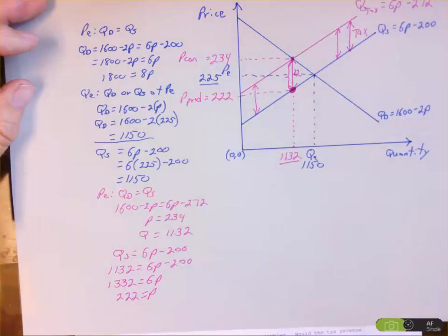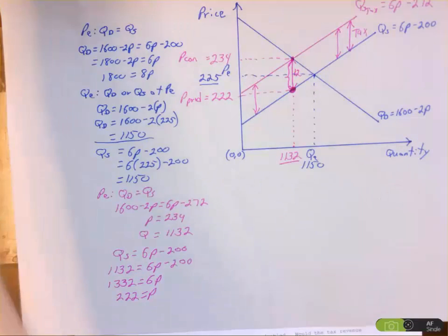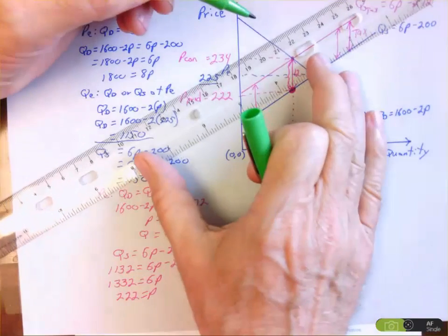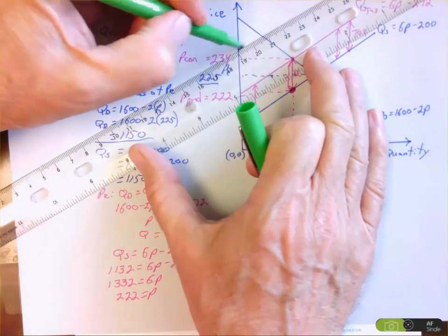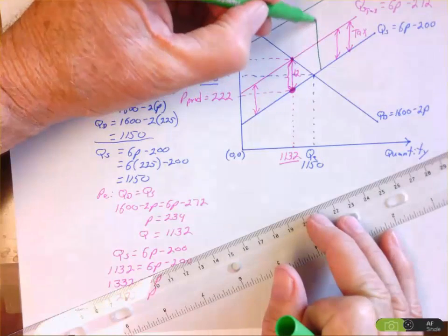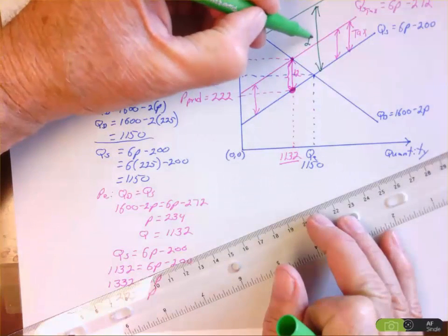Okay, it turns out that no, it will not double, because what actually happens is, if we double the tax from 12, say, to 24, that would move the supply curve way up here somewhere, where this distance right here is 24 instead of 12.